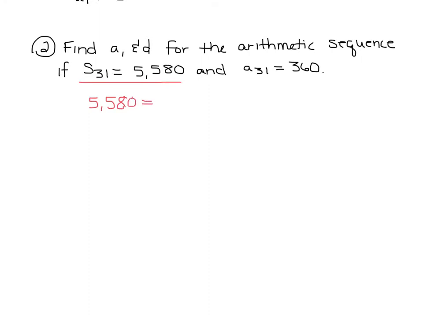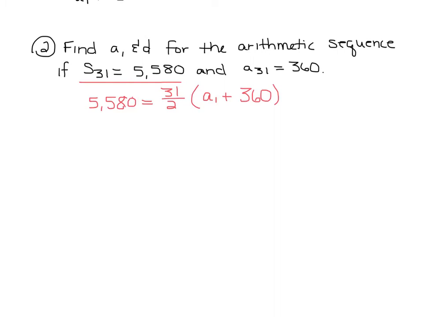And I'm trying to go from a sub 1 to a sub 31, which means that my n, as I'm plugging into my arithmetic series formula, is 31 over 2. I do not have my a sub 1, but I do have my a sub 31 as 360. Well, let's go ahead and simplify this.